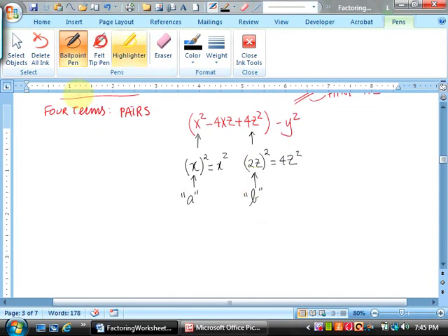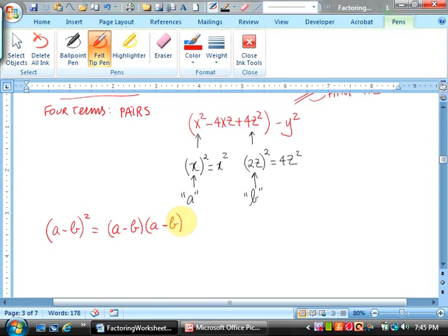The model is this. It is A minus B, parentheses, squared. Now, what is really this? Well, it's 2 of this, and then we FOIL. 2 of this is simply A minus B times A minus B. Now, you could FOIL this.